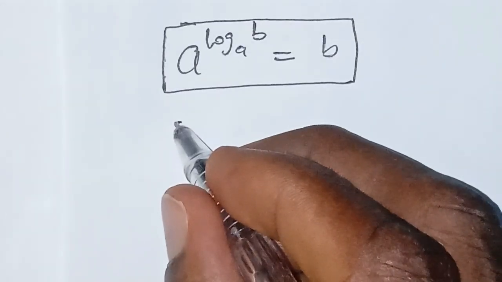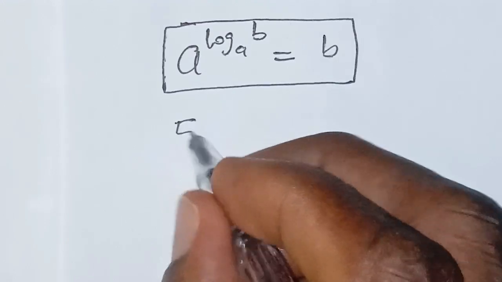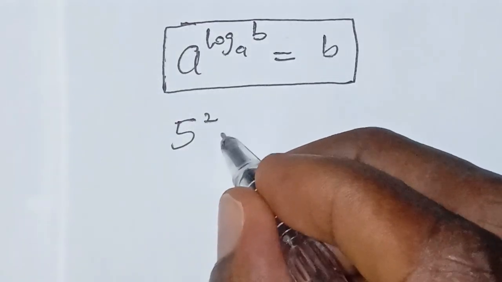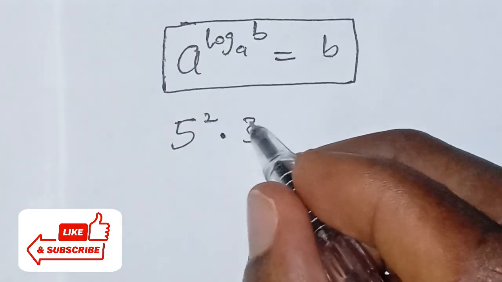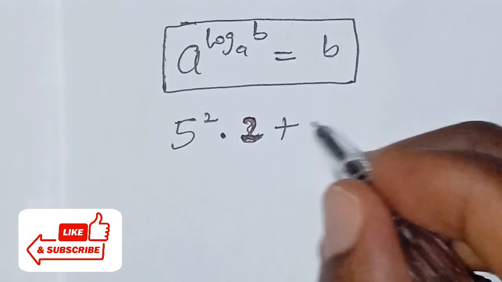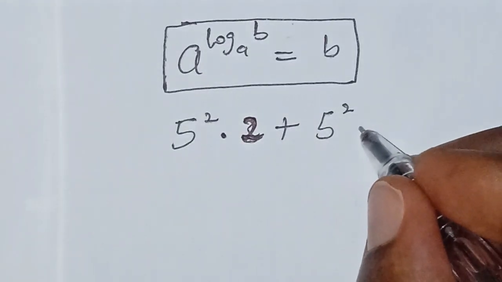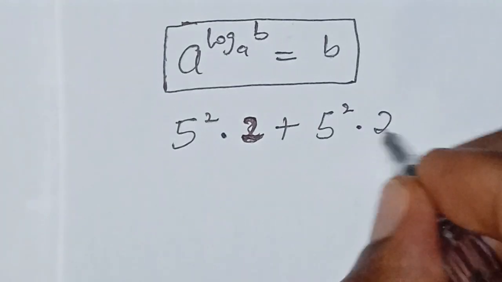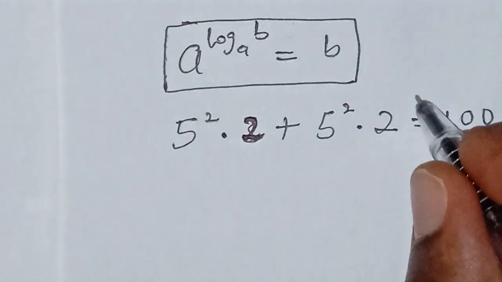the first term will be 5 raised to power 2 multiplied by 2 plus 5 raised to power 2 multiplied by 2 equal to 100?